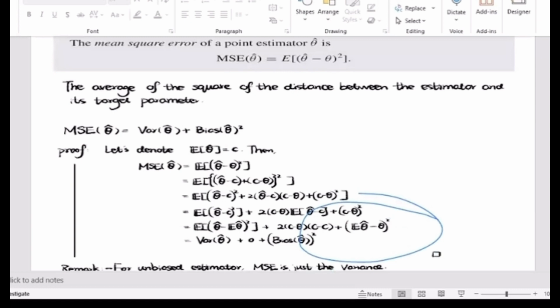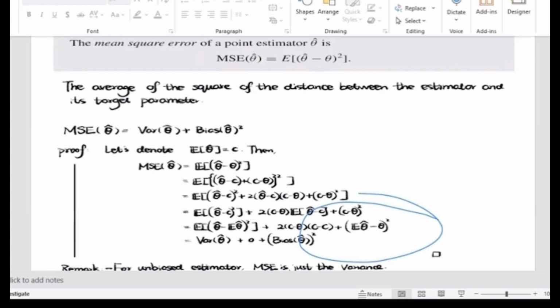When we have an estimator theta cap, if it is unbiased, how do we evaluate whether it is good? We're going to make use of variance. What about a biased estimator?